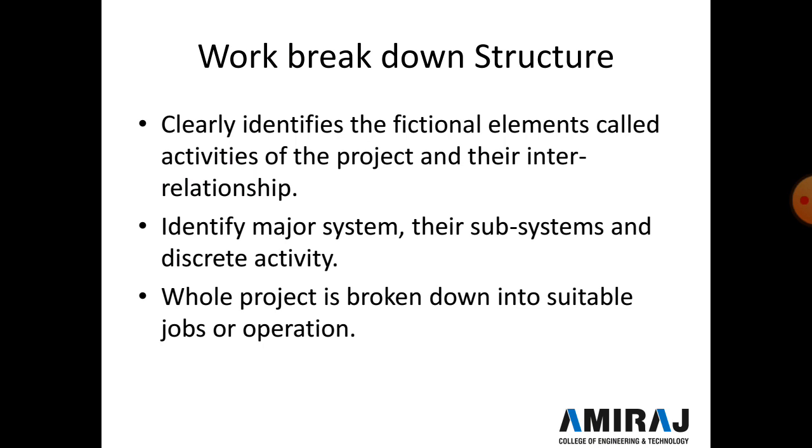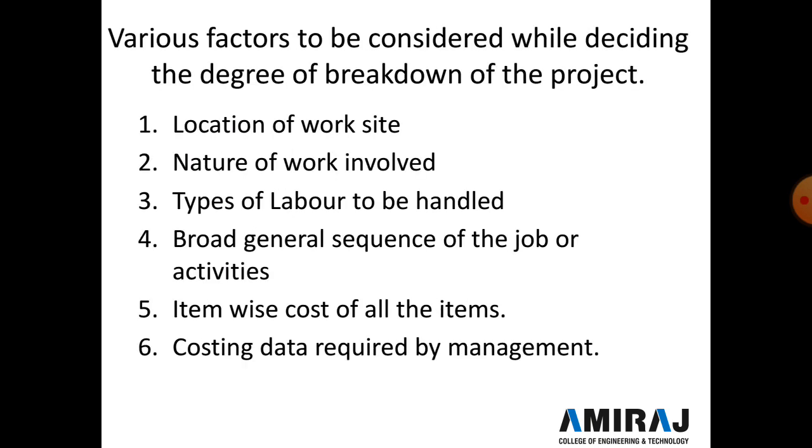Some of the factors to be considered while deciding the degree of breakdown of the project are the location of the work site, nature of the work involved, types of labor to be handled, broad general sequence of the jobs or activities, and item-wise cost of all the items and costing data required by management.